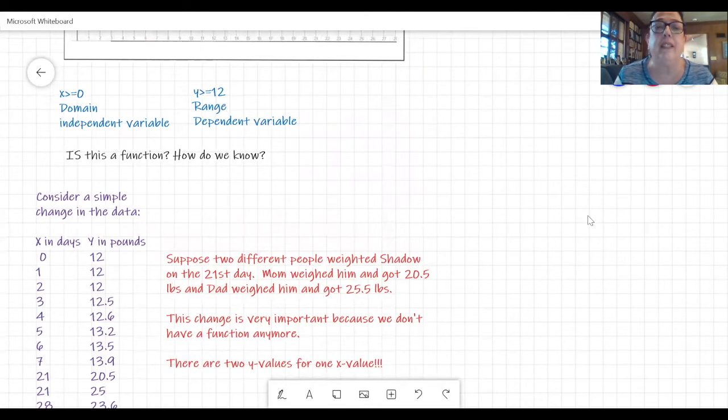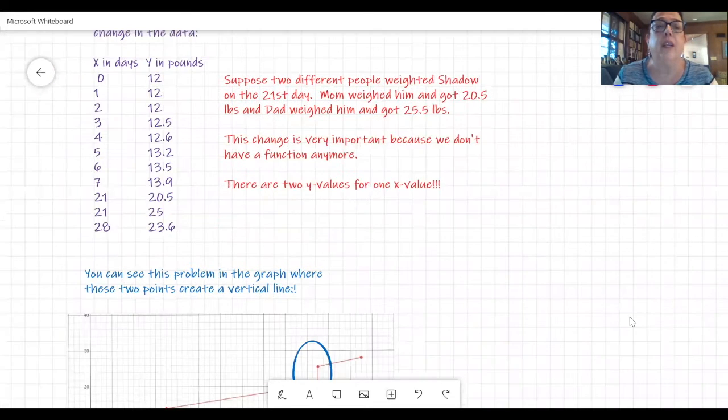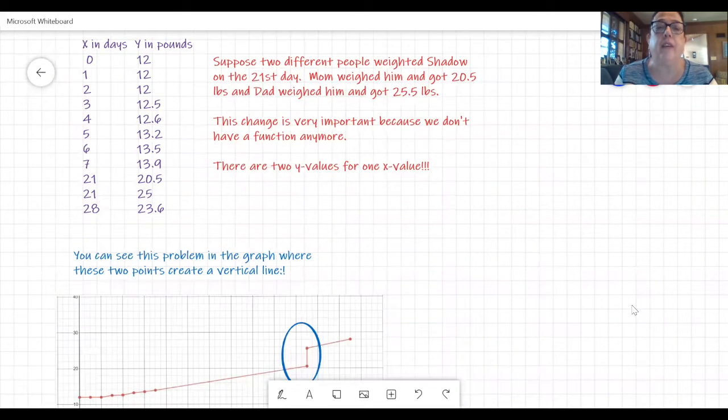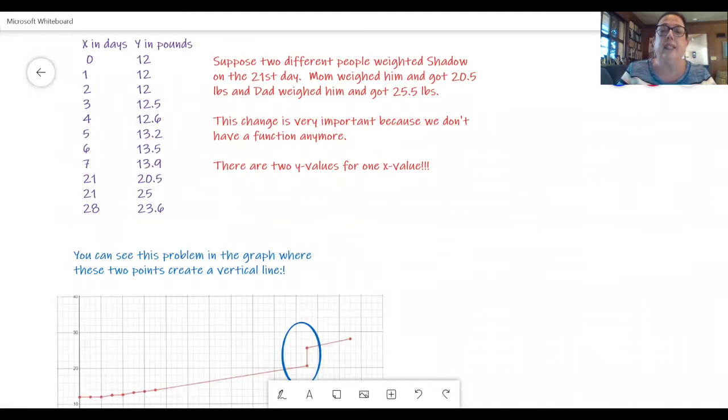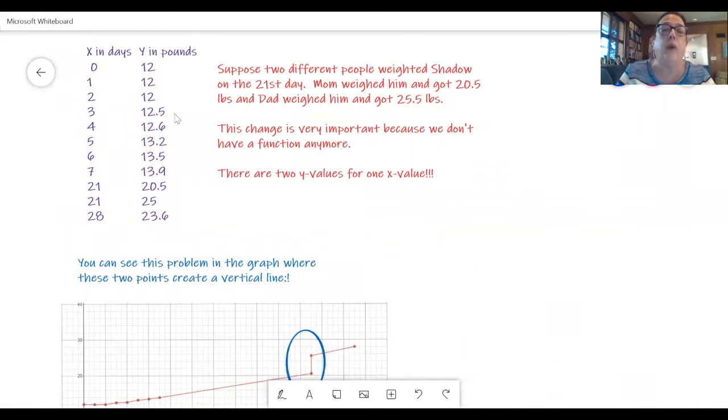Sometimes it's best to consider an example that isn't a function. So suppose we did the same thing, and instead of having every day a single weight, we had some confusion. On the 21st day, Mom weighed Shadow and got 20.5 pounds. And just after Mom finished, Dad weighed Shadow and got 25 pounds.